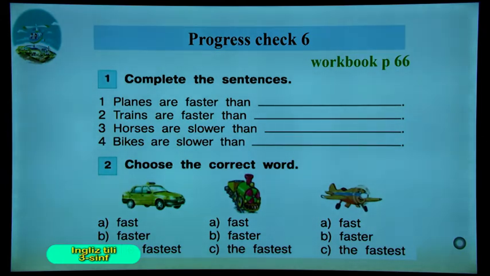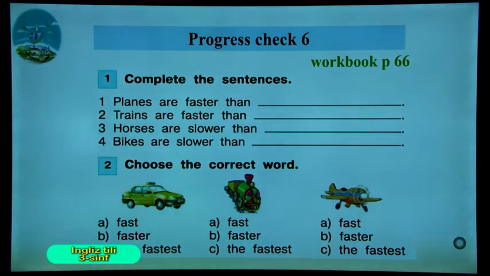Planes are faster than. Ko'rib turganingizdek, birinchi misolimizda samolyotlar biror bir transportdan tezroq ekanligini aytishingiz kerak. Yana bir marta aziz o'quvchilar, siz bu yerda sifat darajalarini bilishingiz kerak. You have to know the comparative sentences. If you forgot, please open your grammar rule and check it.